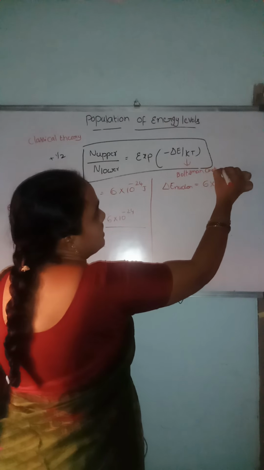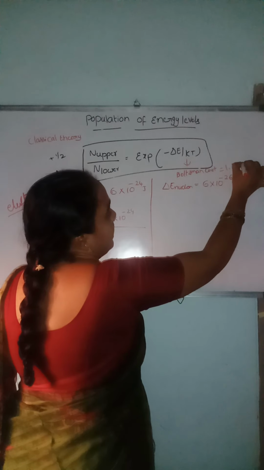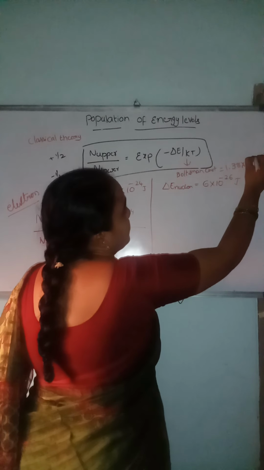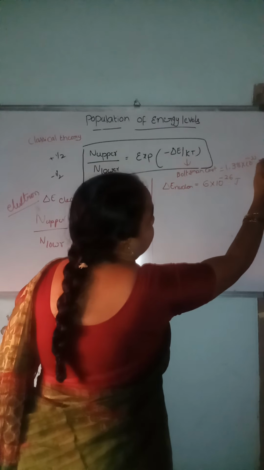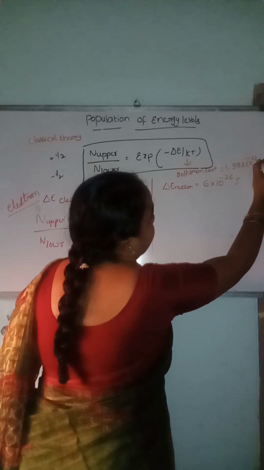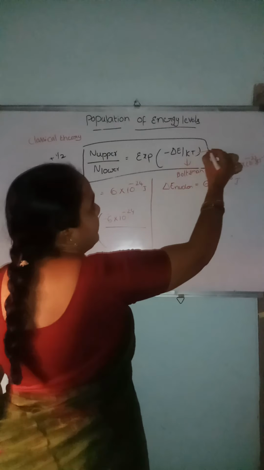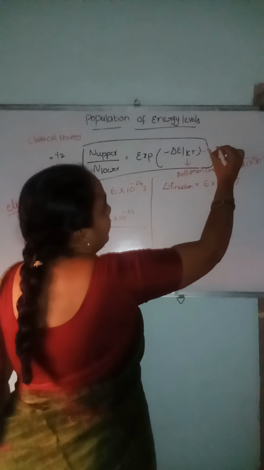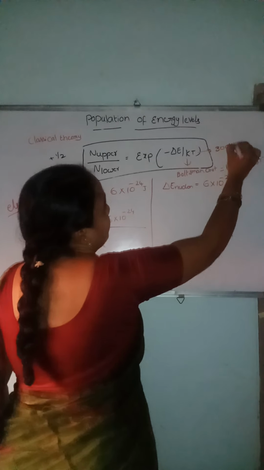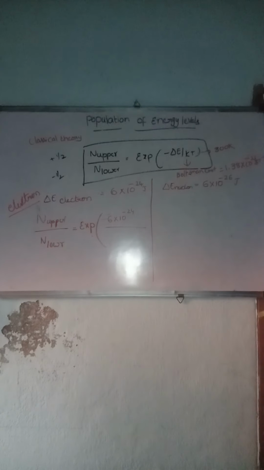So Boltzmann constant is 1.38 into 10 power minus 23 joule per Kelvin, and T is the absolute temperature. The room temperature is about 300 Kelvin.